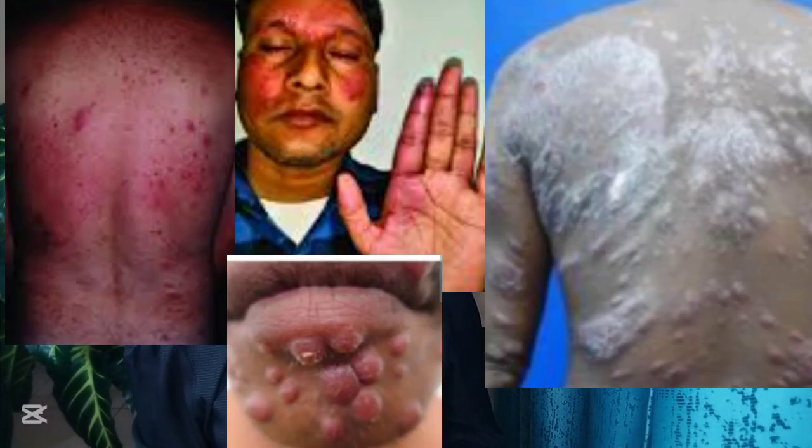The fifth type of leprosy is the borderline lepromatous leprosy. The borderline lepromatous leprosy is a severe form of leprosy and it occurs in individuals that have a poor immunity. It presents with multiple macules, papules, plaques, and nodules of different sizes and shapes.